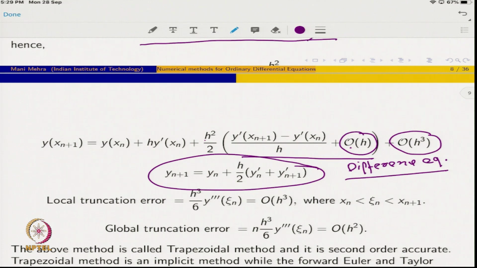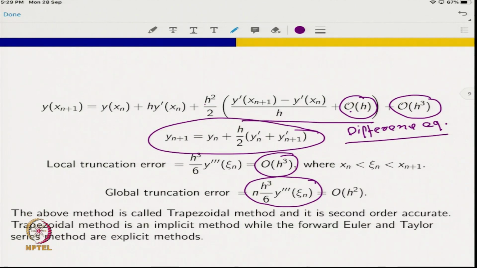The local truncation error of this method will be order of h cube, that is what we have already seen, and the global truncation error will be multiplied with n, in the same way as I explained earlier. You can also prove it in a more formal way, the way I did for the forward Euler method, but this is easier, and I do not need to prove the theorem in each and every case.